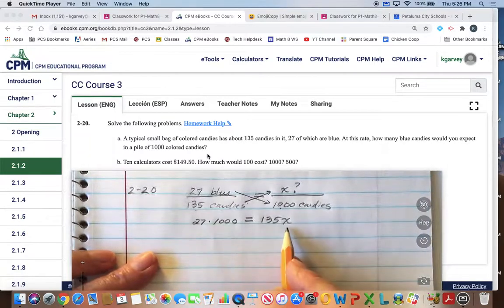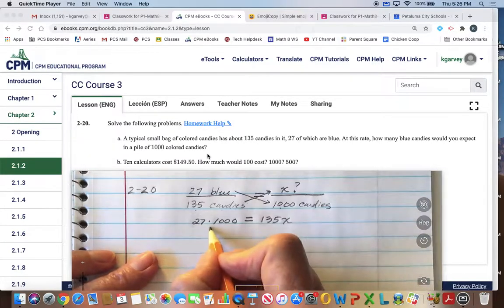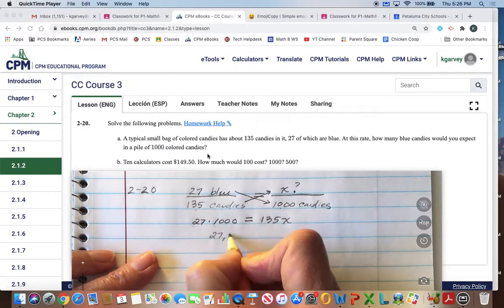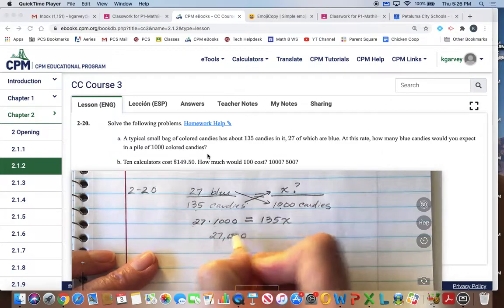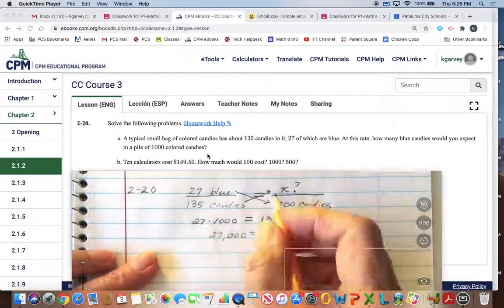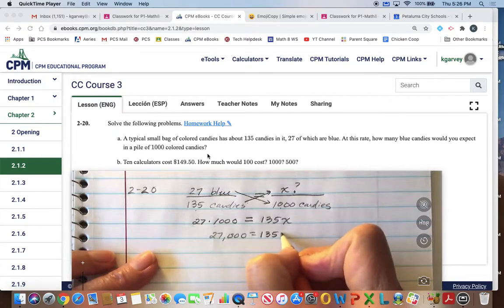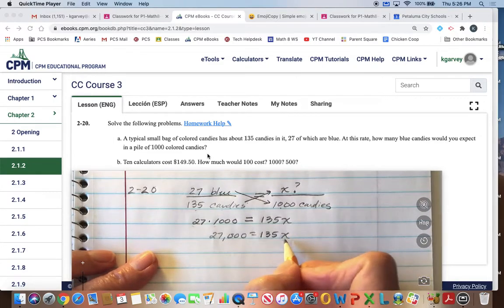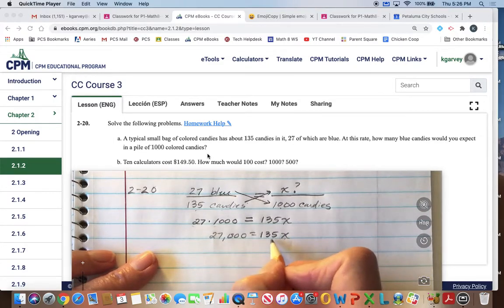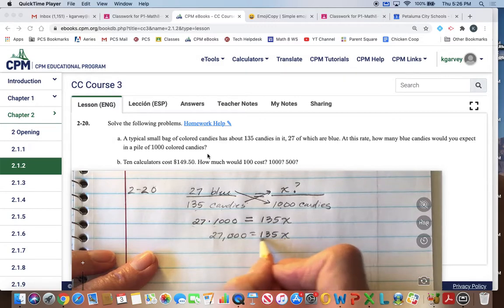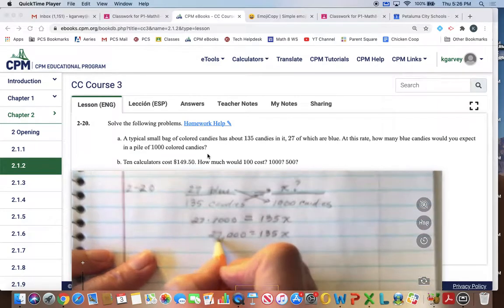Okay, so now we have this new equation, and let's start solving it. 27 times 1,000 is just 27,000. And then we've got 135 times x here. So whatever x is, it's a number that when we multiply it by 135, it's equal to that.